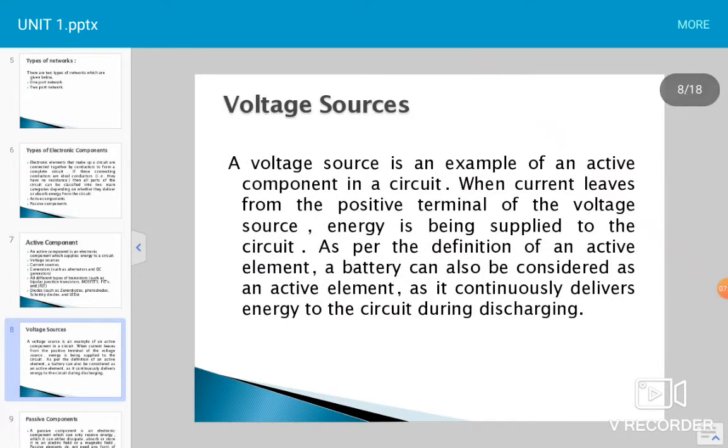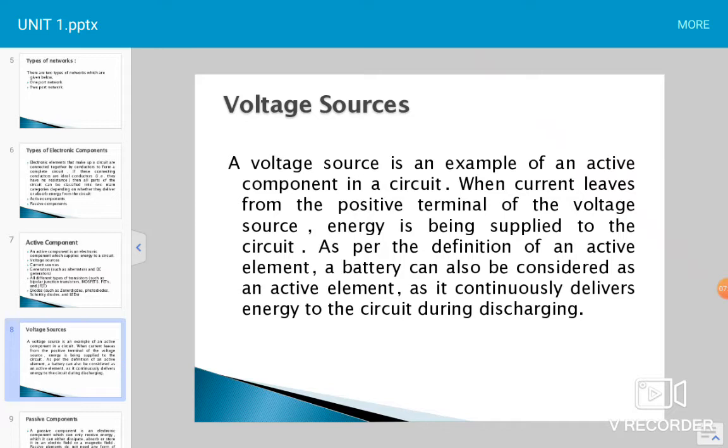So let's take the example of one active component, voltage source. As I have earlier shown in a figure, a voltage source is an example of an active component in a circuit where the current leaves from the positive terminal of the voltage source. Energy is being supplied to the circuit as per the definition of the active element.